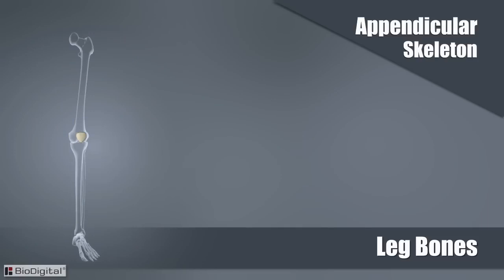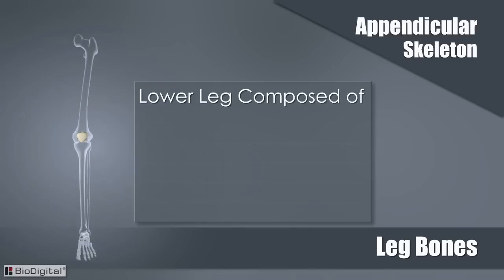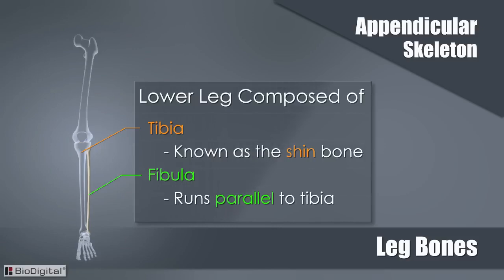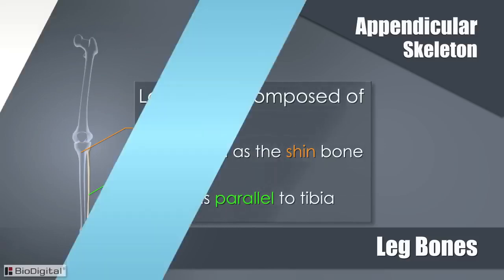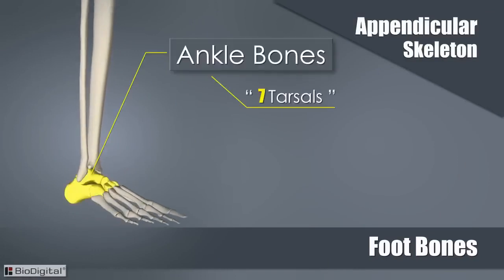Between the upper and lower leg is the patella, or kneecap. And the lower leg is composed of the tibia and fibula. The tibia is known as the shin bone, and the fibula runs parallel to it. Attached to the lower leg are the 7 tarsals known as the ankle bones.